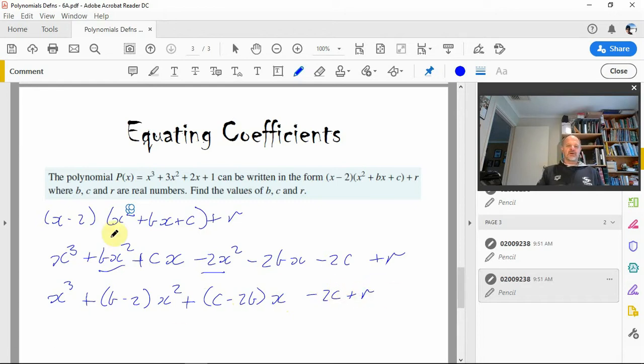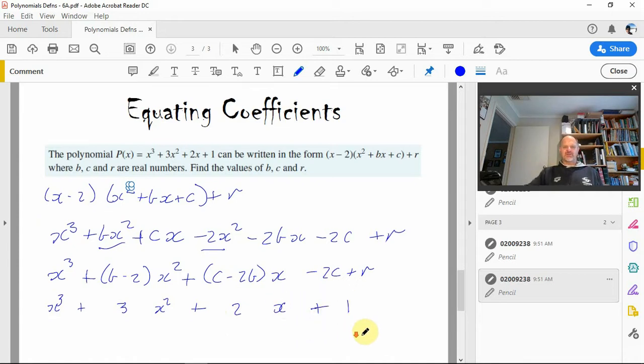All right, now is where I'm coming in with my p. Here's my p, and my p is x cubed plus 3x squared plus 2x plus 1.